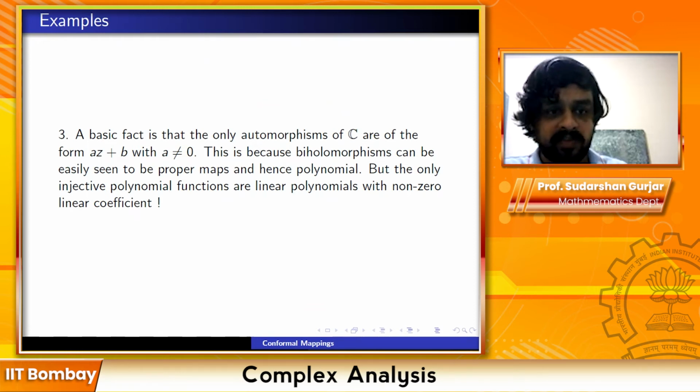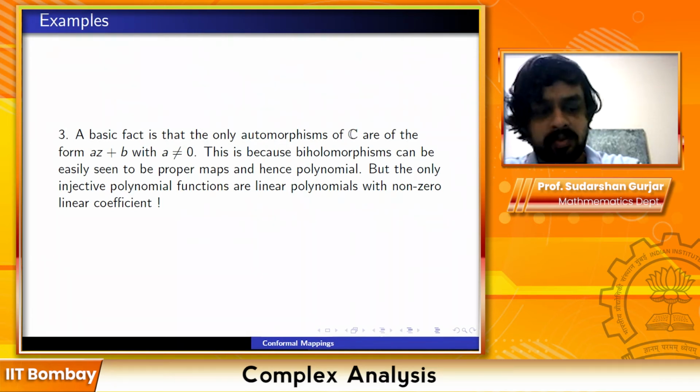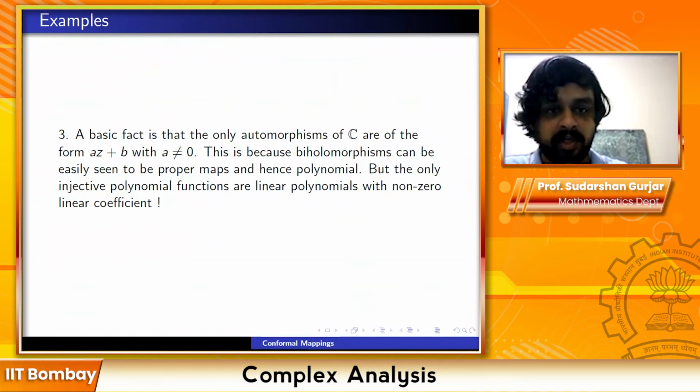This is because biholomorphisms can be seen to be proper maps, which means they have a pole at infinity, and hence they have to be polynomials. But the only injective polynomials are linear polynomials with non-zero linear coefficient. So az plus b are the only automorphisms of C, and therefore these are the only injective conformal mappings.